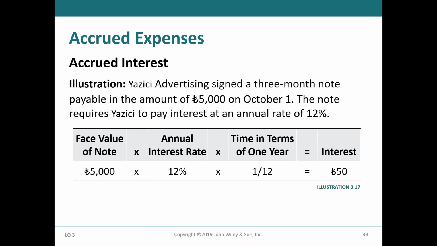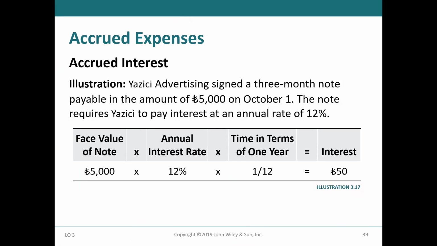Now let's look at this example. Yazigi signed a 3-month note payable in the amount of $5,000 on October 1. The note requires Yazigi to pay interest at an annual rate of 12%. So on October 1, Yazigi borrowed money on a note.